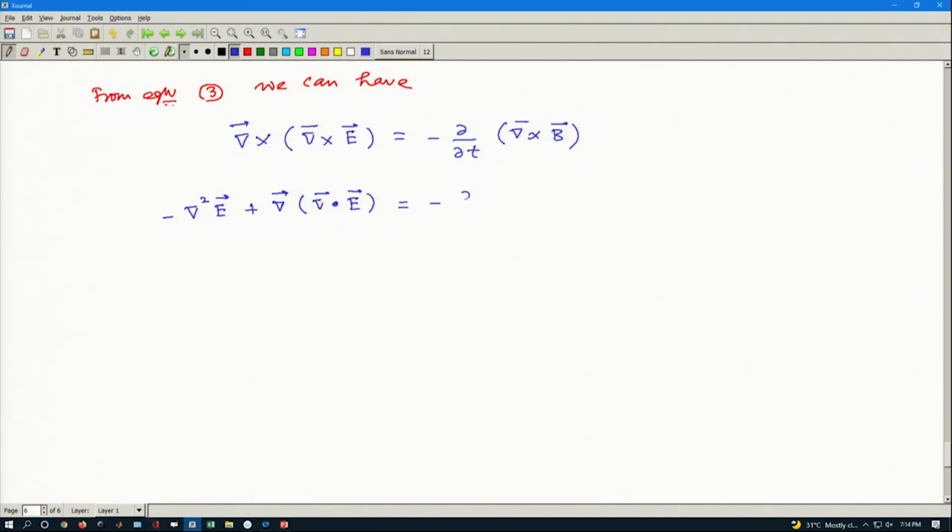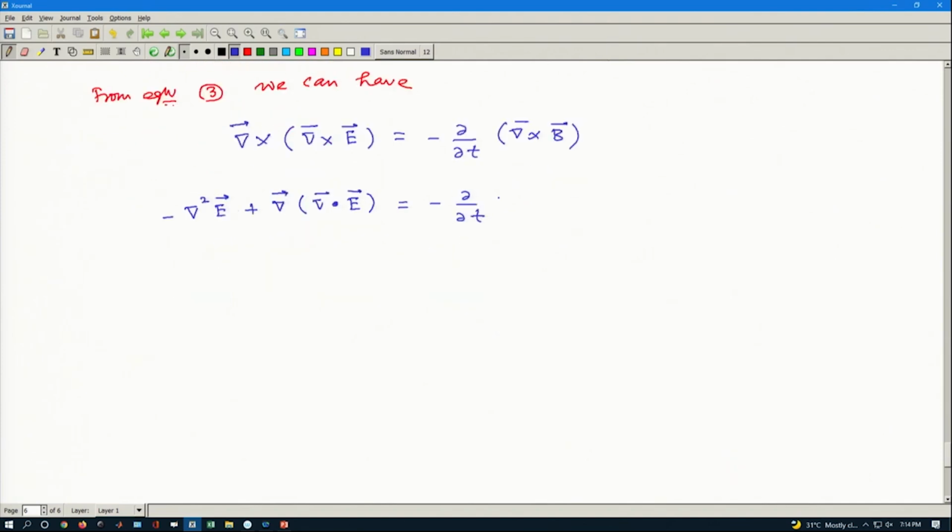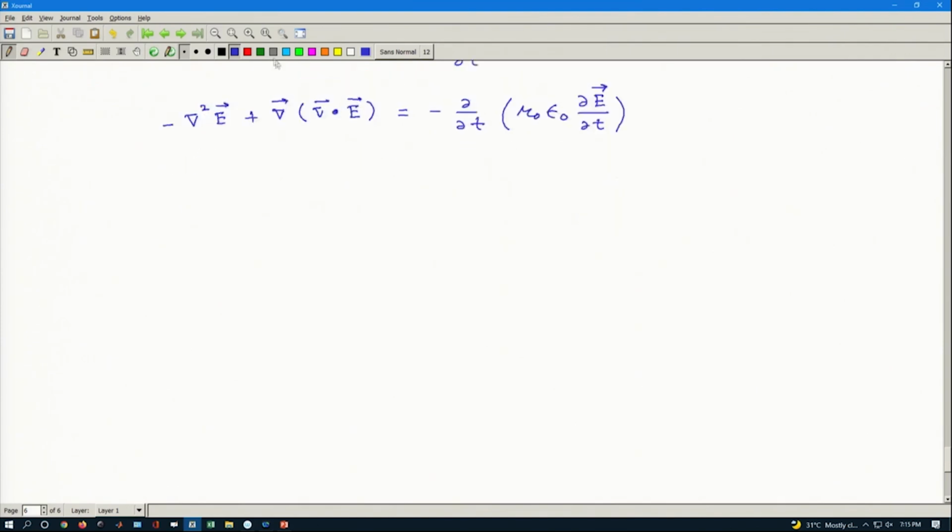Then minus del t, and on the right hand side we have curl of B, and curl of B, exploiting equation 4, I can simply write as mu 0 epsilon 0 del E del t.